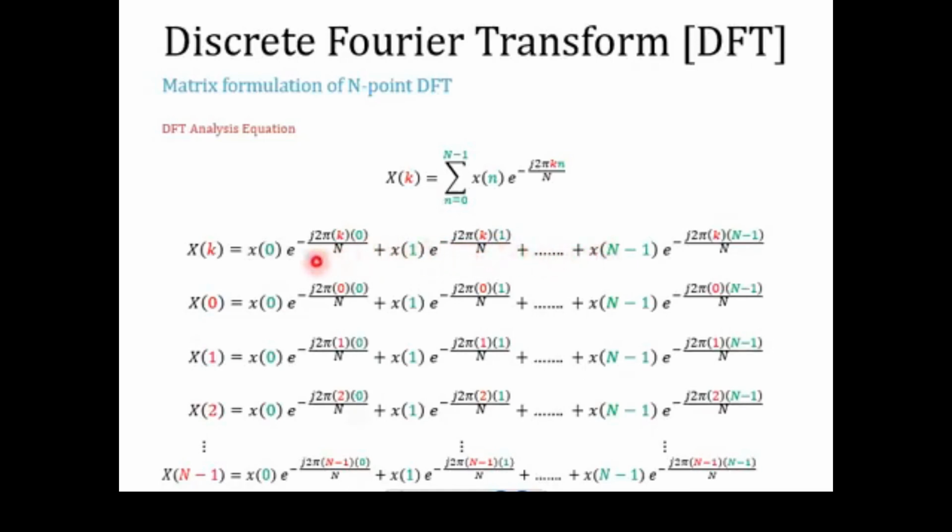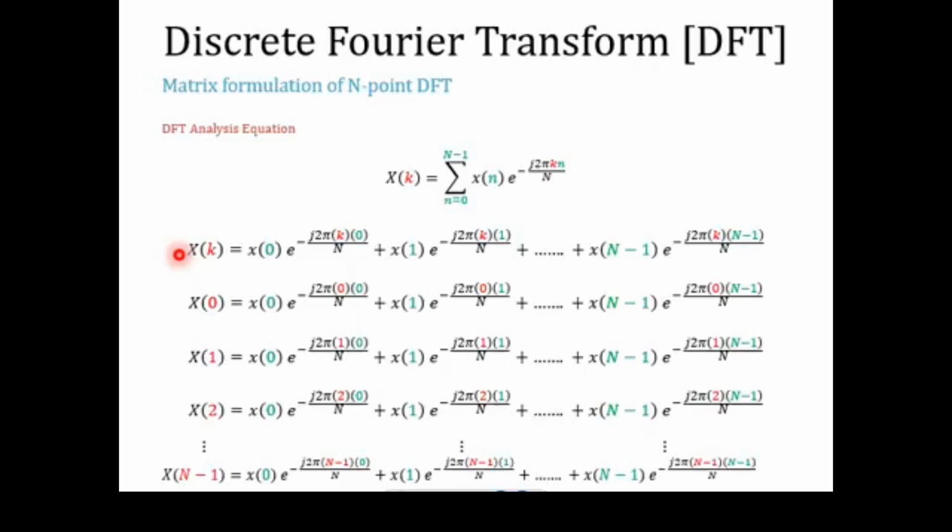Here you can see we have just substituted the value of small n from 0 to N minus 1, which is indicated by the green color, while we have not substituted the value of small k at this stage. Now this is an N-point DFT equation in terms of the k variable.